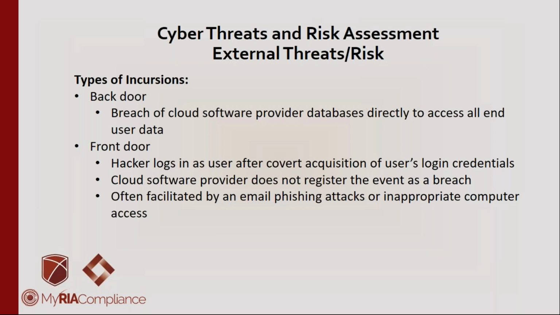That's a backdoor breach, but it still potentially impacts your user data, because if a hacker can breach a cloud provider, they have gained access to a wealth of knowledge, and it may take a good bit of time before you realize that there's even been an incursion there.